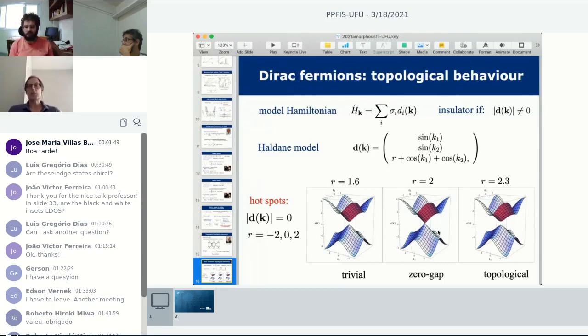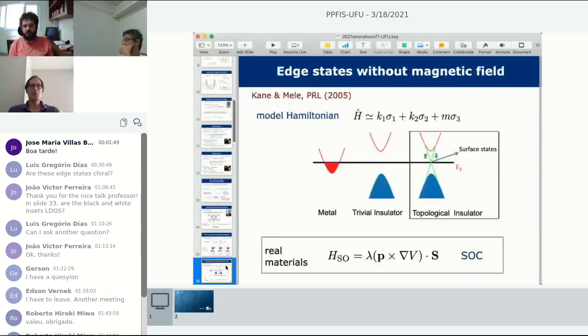And this paper was dormant, a sleeping beauty for many years, until these guys here understood that the other paper was for spinless electrons, and electrons do have spin, and the Hamiltonian was hard to realize.